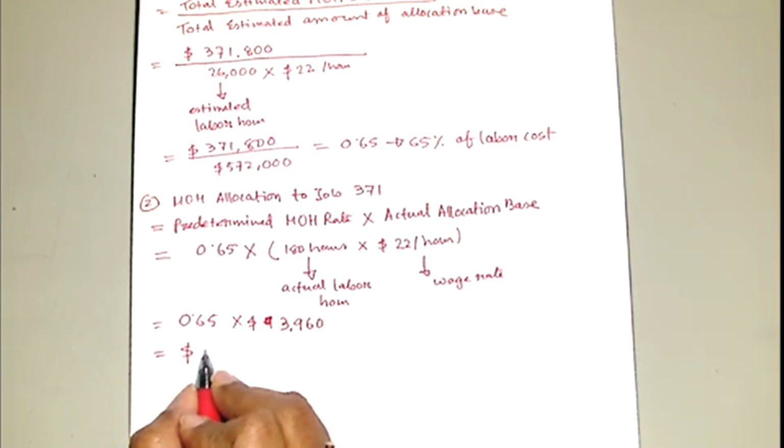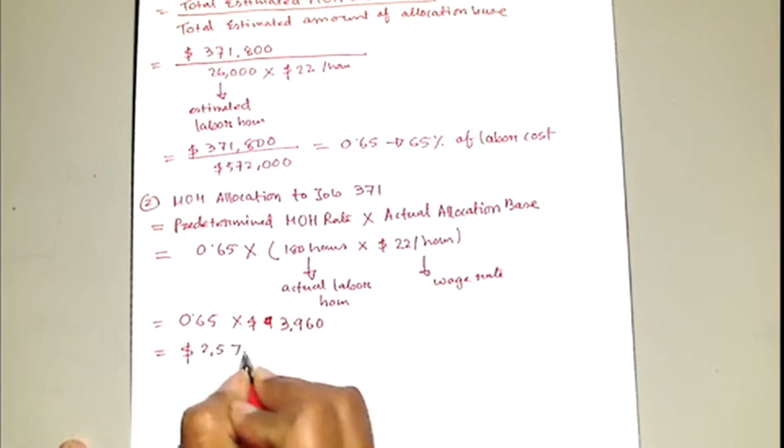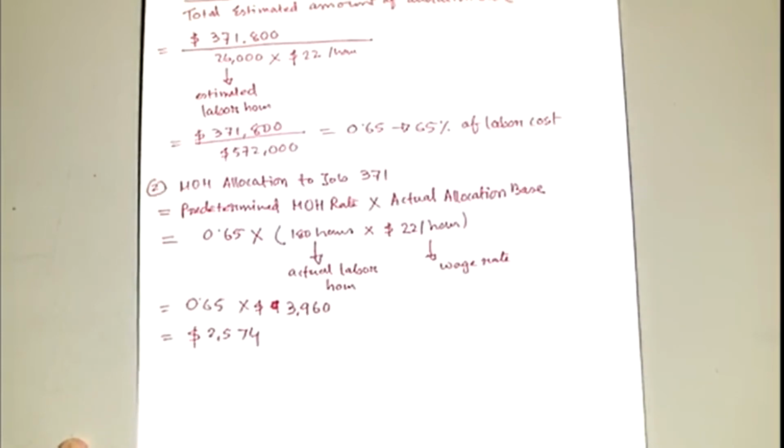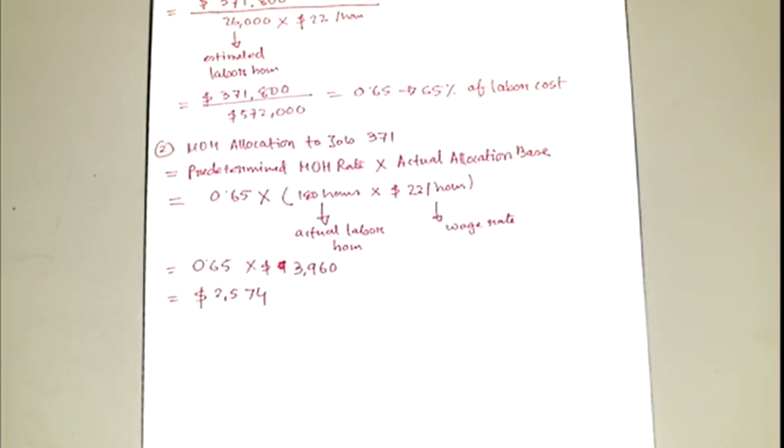Job 371. Yes, Joe, please. 2,574. Excellent. Everyone, please check it. The manufacturing overhead allocation to job 371 is 2,574. The second equation we just used, but this time our allocation base is labor cost, so you have to make sure how to get the labor cost.